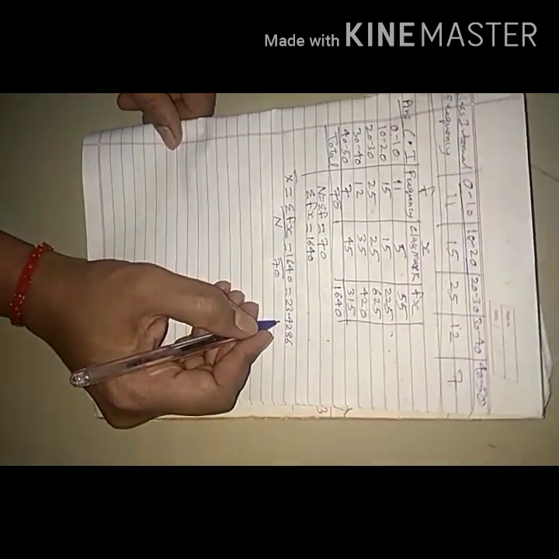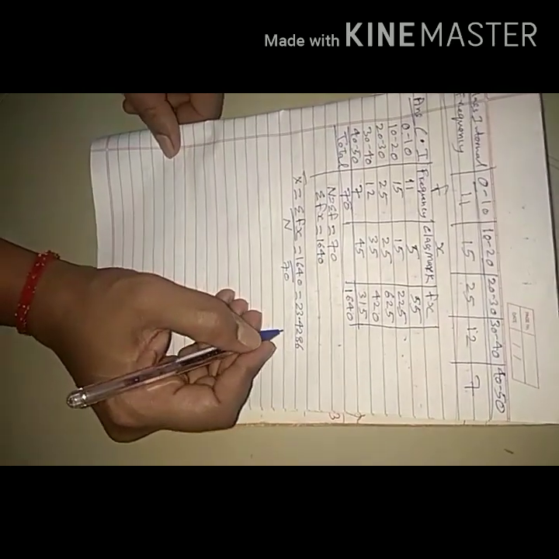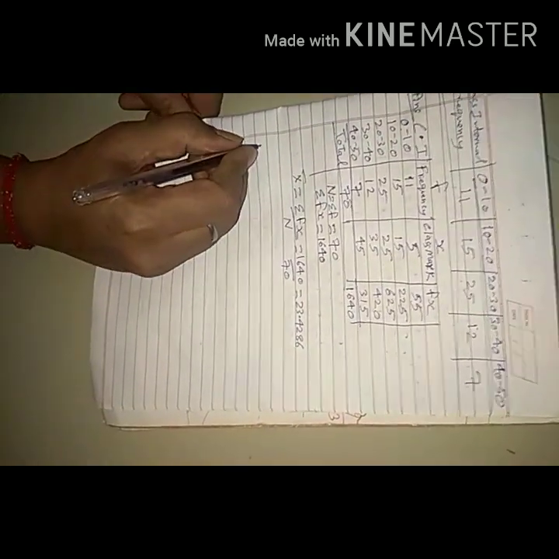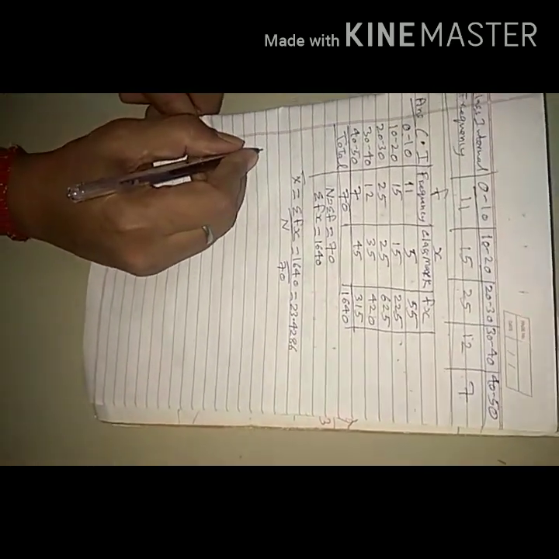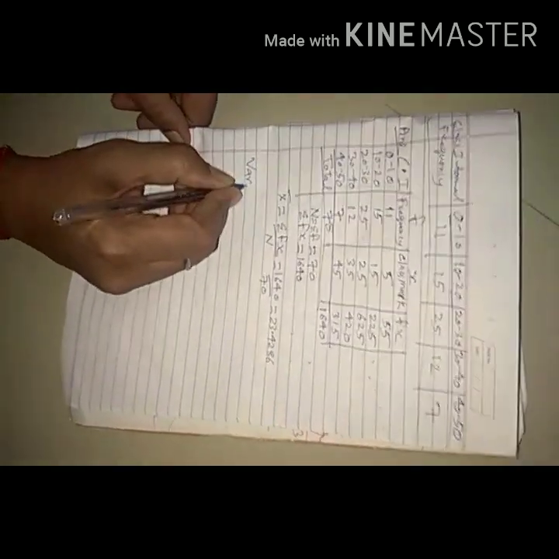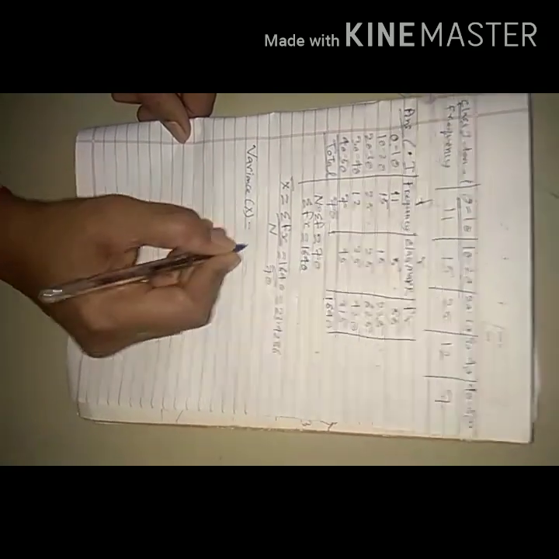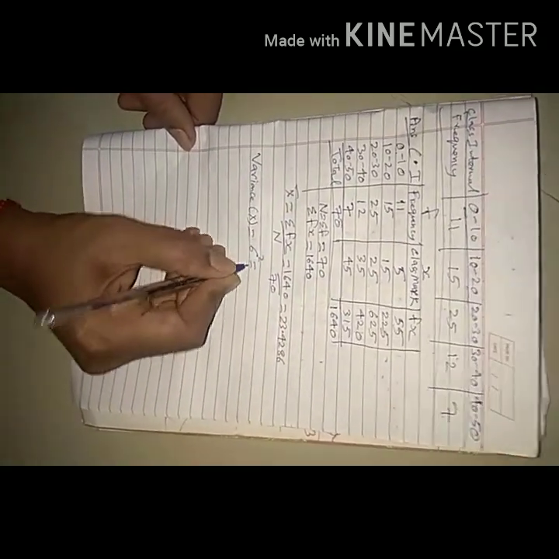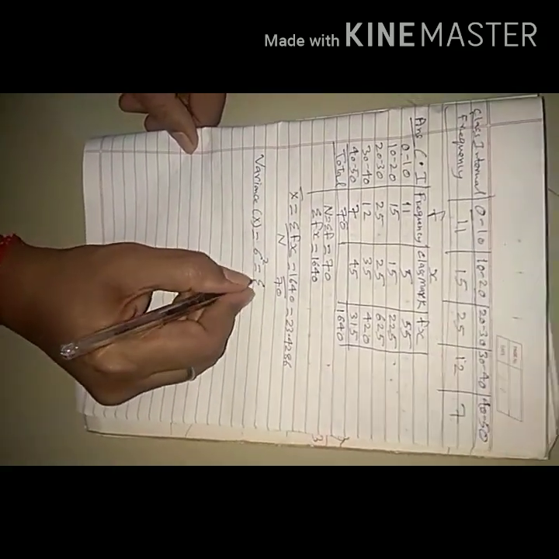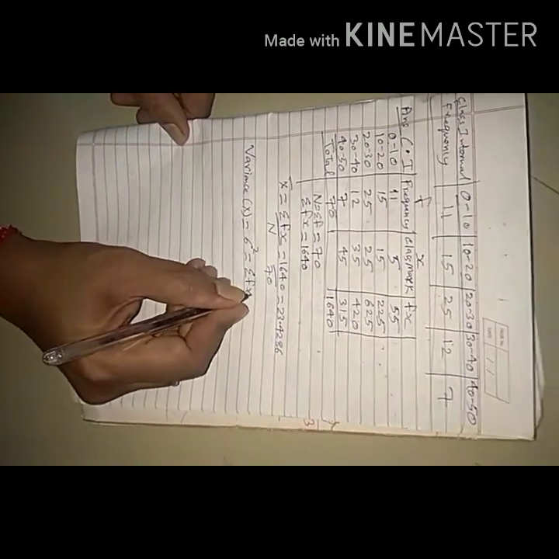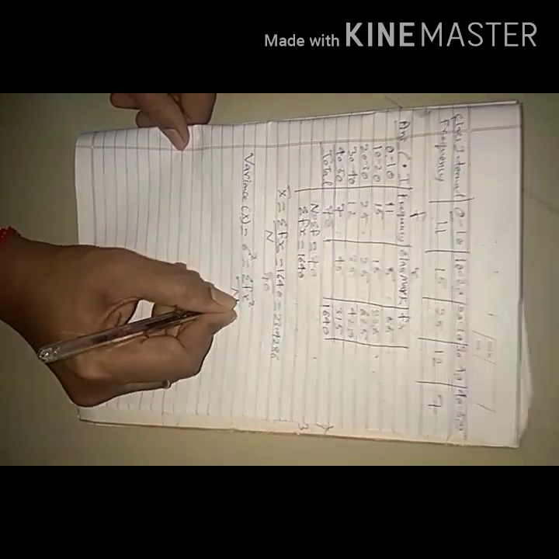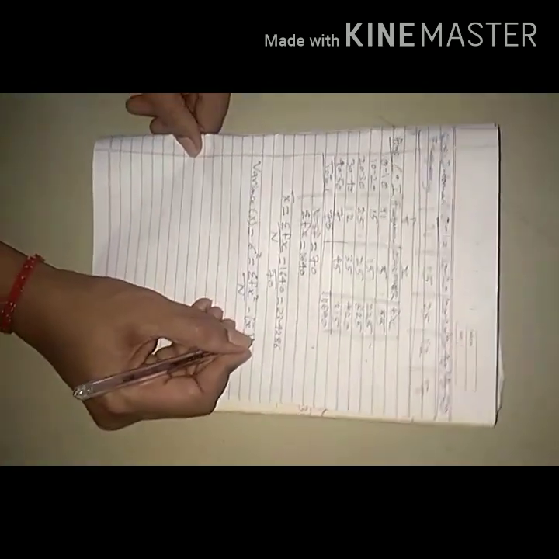It is a decimal value, so I will use the alternate formula for variance and standard deviation. First I will find variance here. Variance of x is equal to sigma square, summation of fx square divided by capital N minus x bar, the whole square.